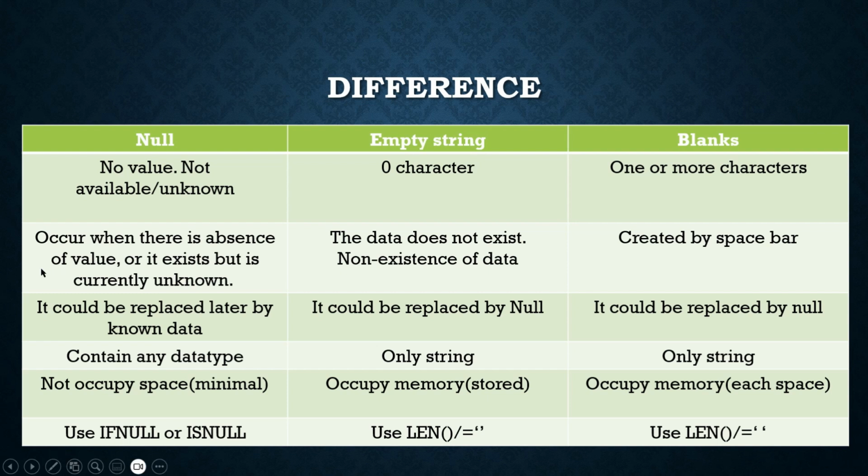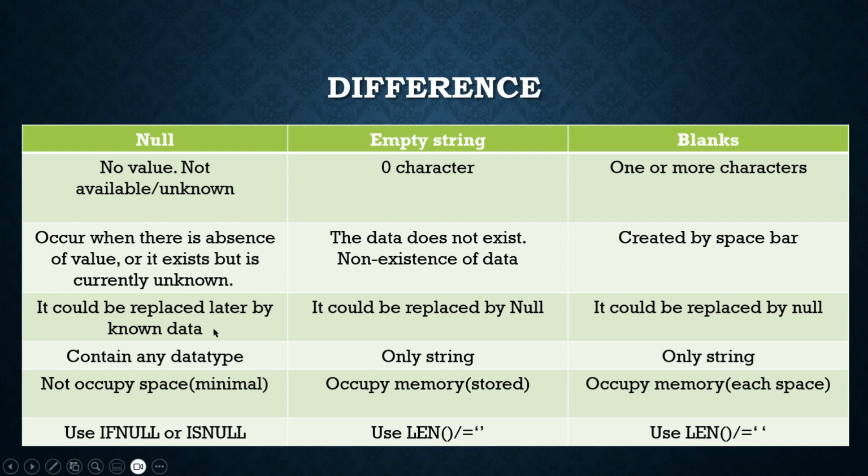The second difference is that null occurs when there is an absence of value, or it exists but is currently unknown. Whereas for the empty string, the data does not exist. There is a non-existence of data here, and blanks are created by the space bar. The third difference is that null could be replaced later by known data.